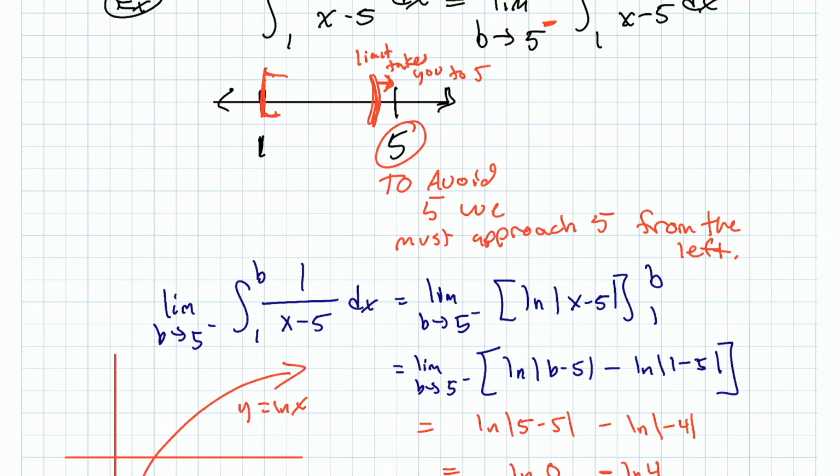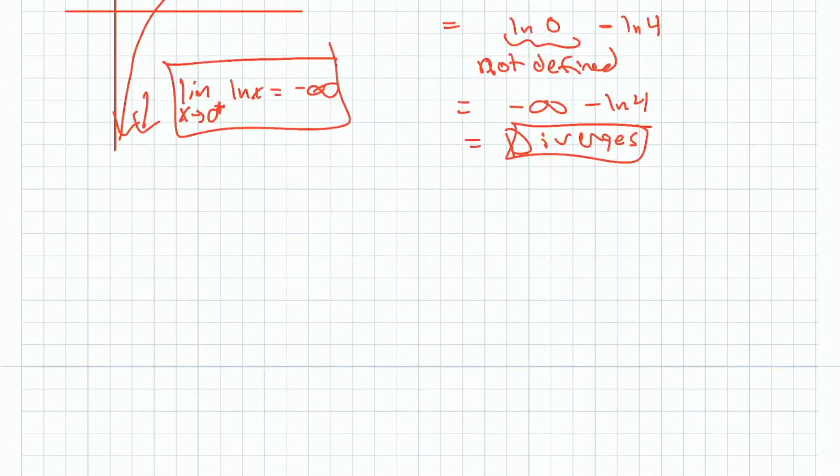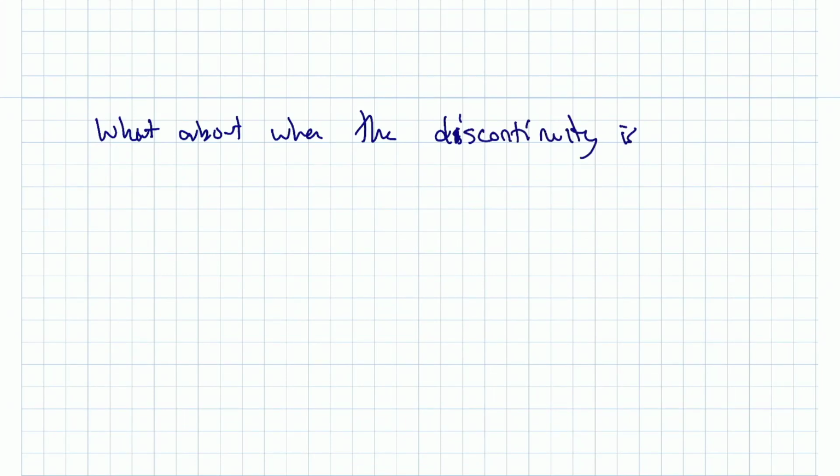Okay, so the other thing you need to know is what about when you have the hole in the middle, right? So what about when the discontinuity is in the middle of the interval?